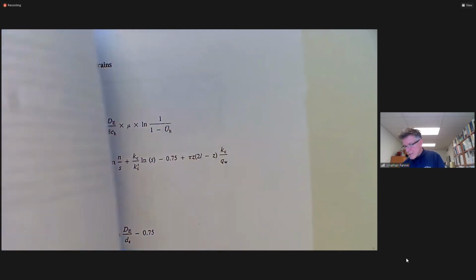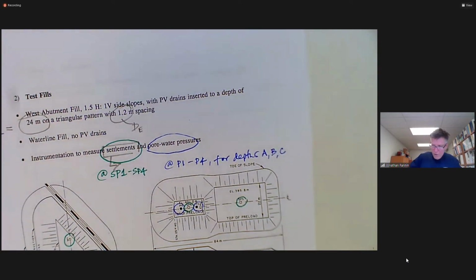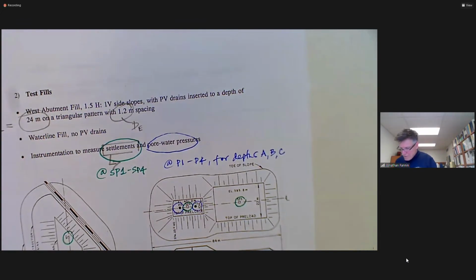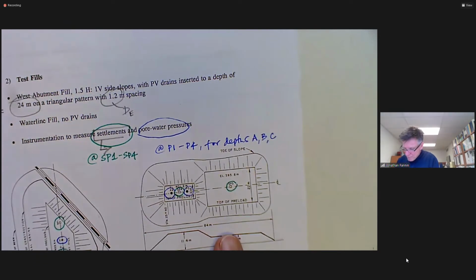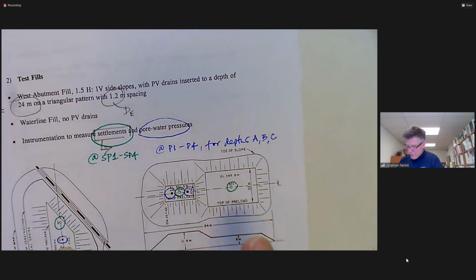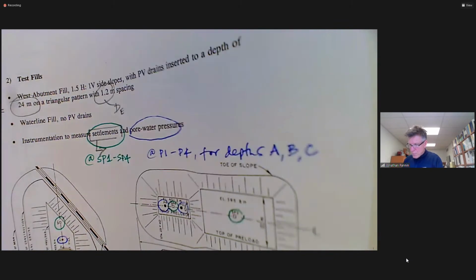We're going to get to that first. But at the moment, we're taking a time out to look at the field performance data for this tale of two embankments, one with drains and one without.